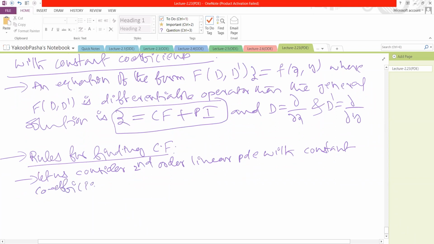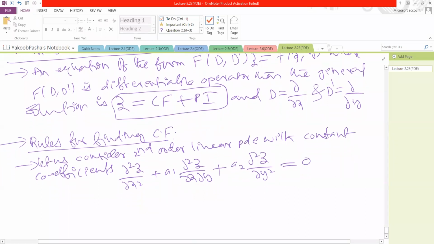The equation is in the form of dou square z by dou x square plus a1 into dou square z by dou x dou y plus a2 into dou square z by dou y square is equal to 0. As we know the notations, you have to remember d means dou by dou x and d dash means dou by dou y.